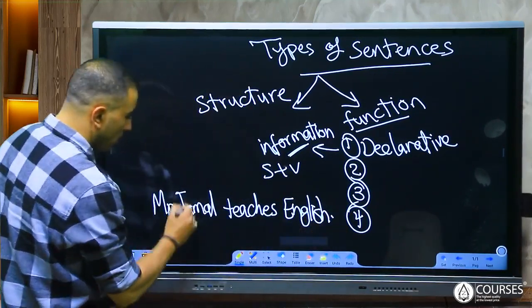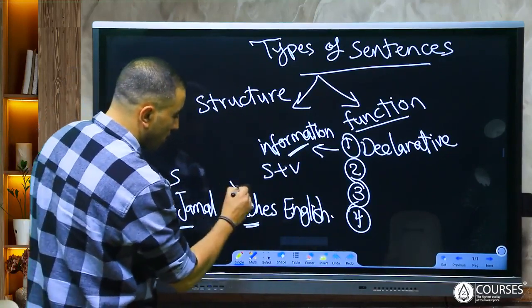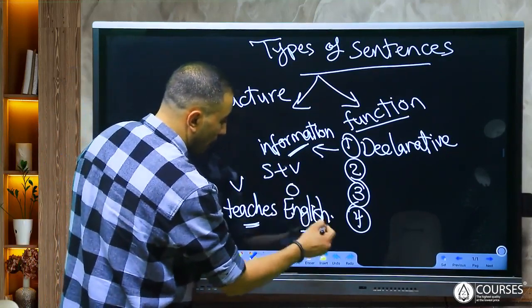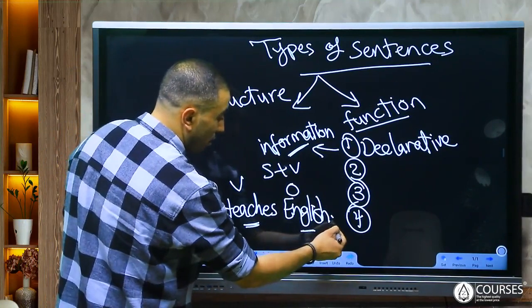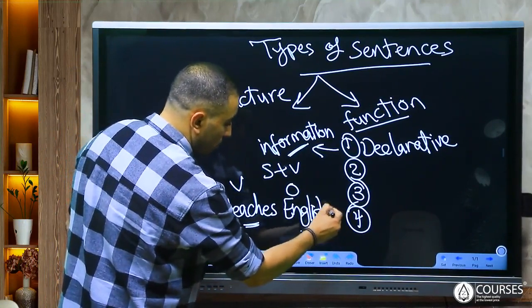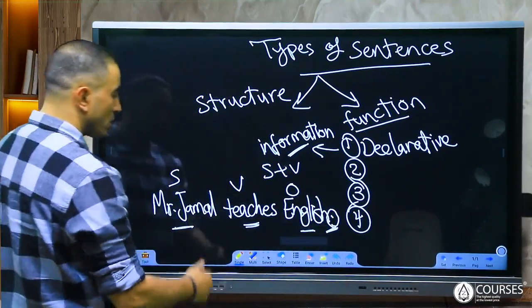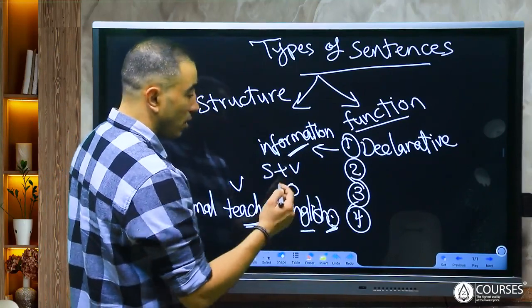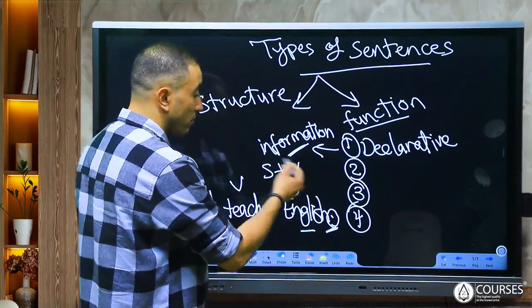Mr. Jamal is the subject, teaches is the verb, English is the object. And this type of sentence ends with a period or full stop. This is the first type of sentences, the declarative sentence or the informative sentence.